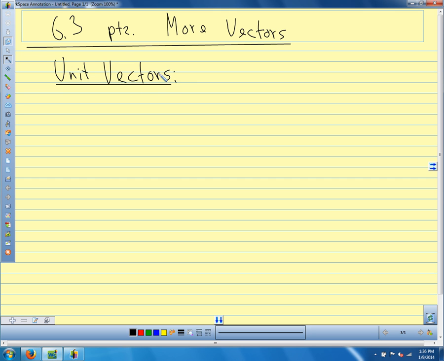So first off, let's remember, what do we mean when we're talking about a unit vector? Length of 1, magnitude 1. So that's why we call it a unit vector.